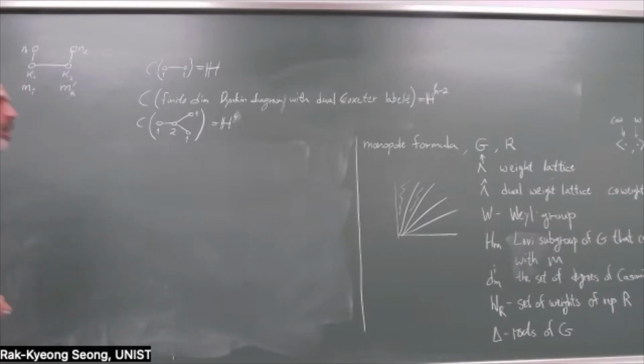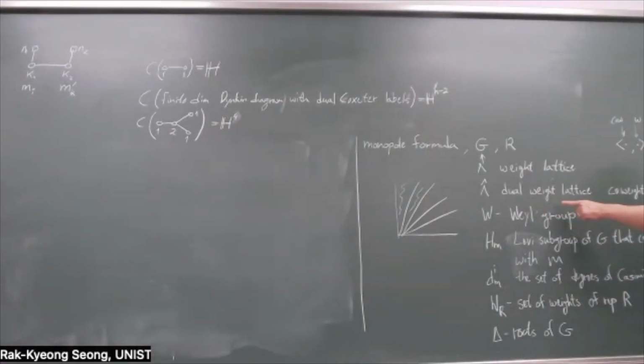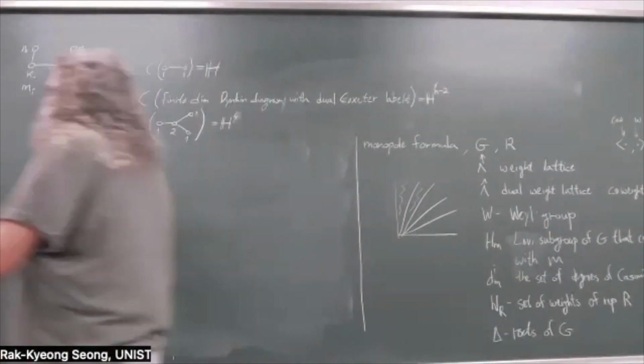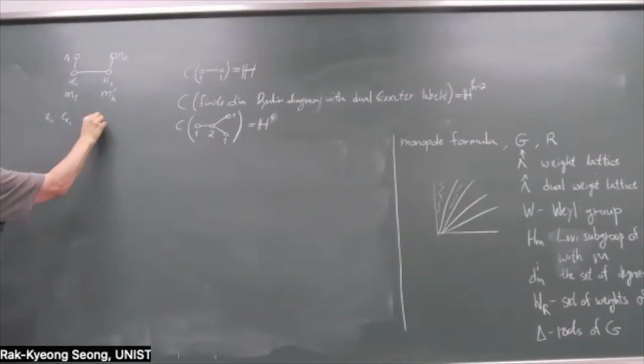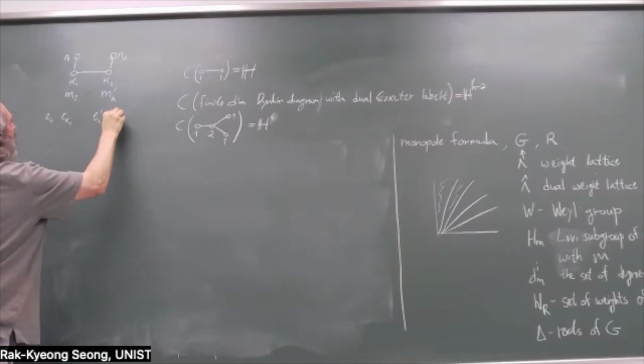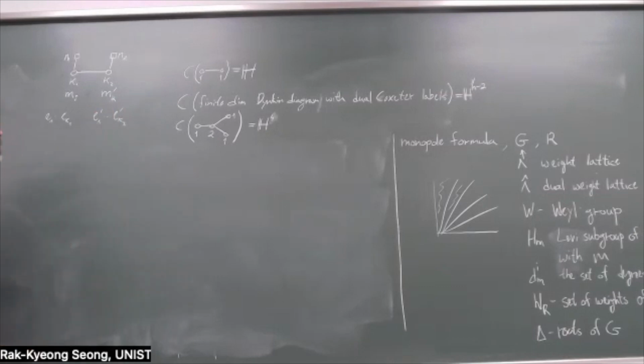And now I can take, so that's the dual weight lattice. The weight lattice is just a collection of e's, what we said over here. So there will be a collection of e_1 up to e_K1, then e_1 prime up to e_K2 prime.